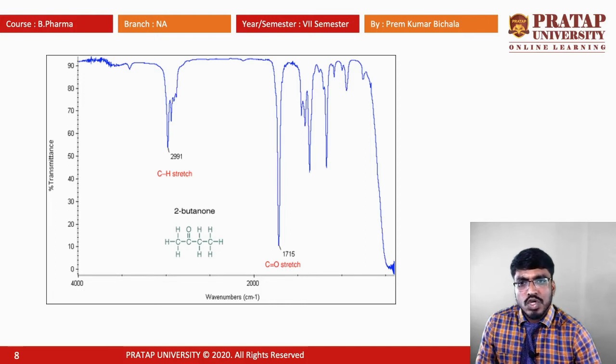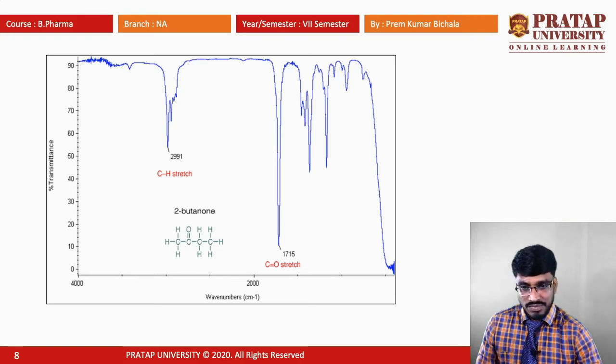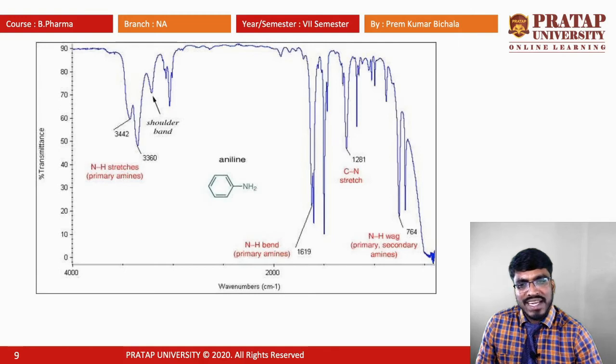Here I give 2-butanone. Here we majorly get 2 peaks: one is for CH stretching at 2991 centimeter inverse, whereas we can observe another peak for the functional group, that is C double bond O. C double bond O gives a stretching peak at 1715 centimeter inverse. So in this butanone, we have a ketone functional group.